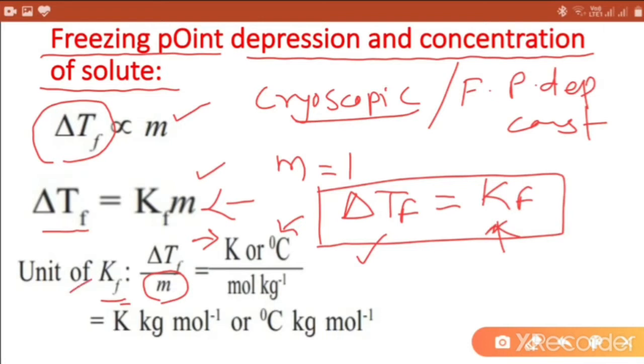So the unit of Kf becomes Kelvin kg mole raised to minus 1 or Celsius kg mole raised to minus 1.